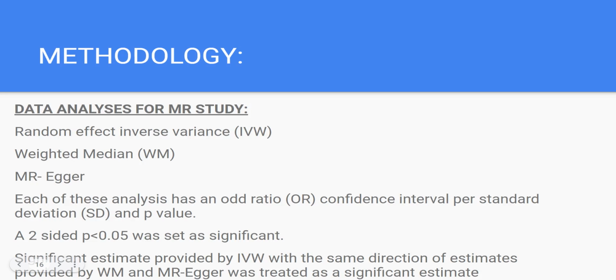Each of these analyses has an odds ratio, confidence interval per standard deviation, and p-values. A p-value of less than 0.05 was set as significant, and a significant estimate provided by inverse variance weighted, with the same direction of estimates provided by WM and MR-Egger, was treated as a significant estimate.